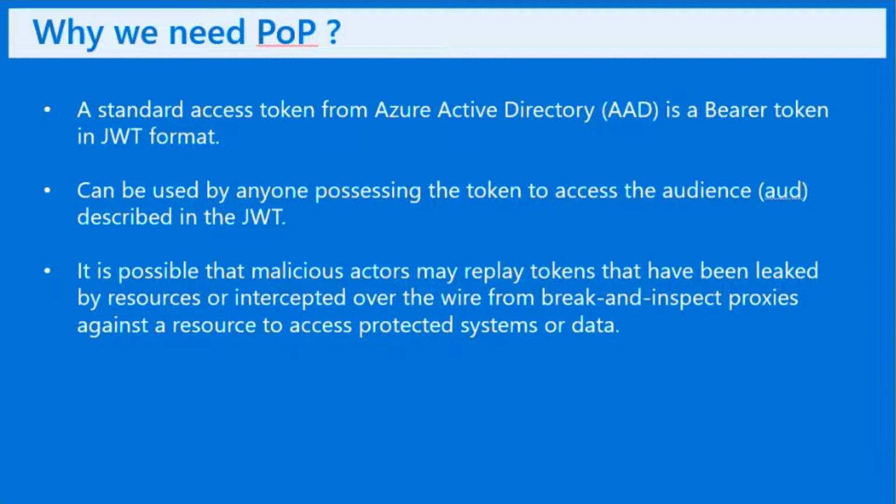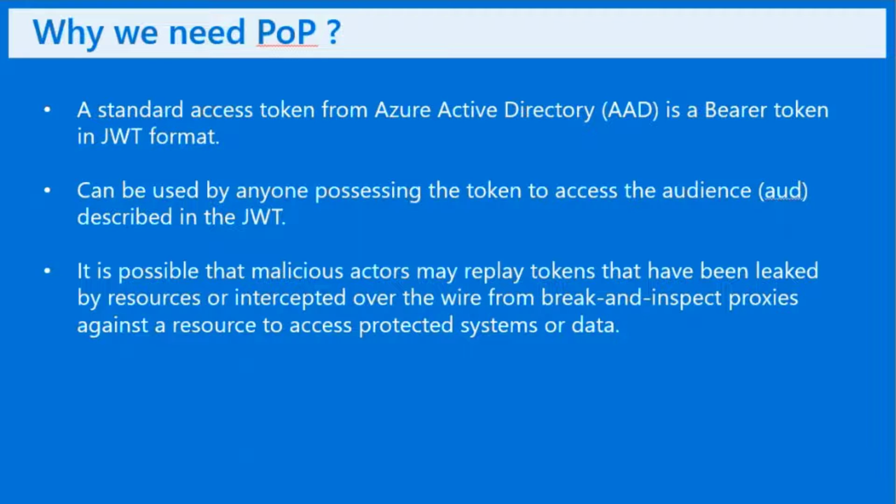With proof of possession, we feel comfortable, and obviously this is something that customers will have input on, extending these access token lifetimes. Why is that good? Well, if an access token is expired and for whatever reason the security token service is inaccessible, you're not going to be able to refresh that token, and that application is not going to be able to do what it was supposed to do. So there's a huge bucket of benefits to getting to proof of possession.